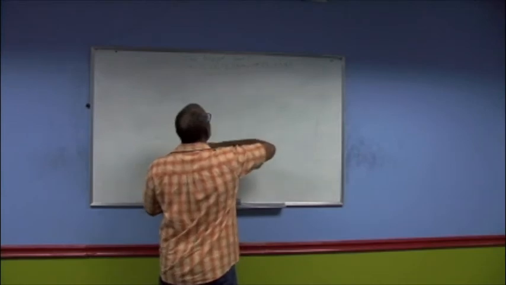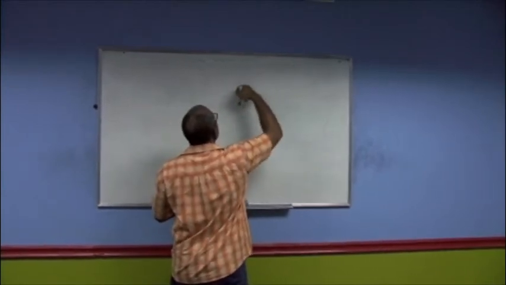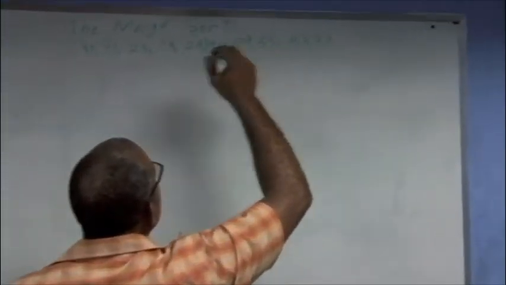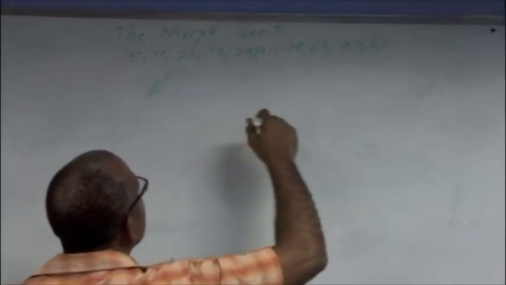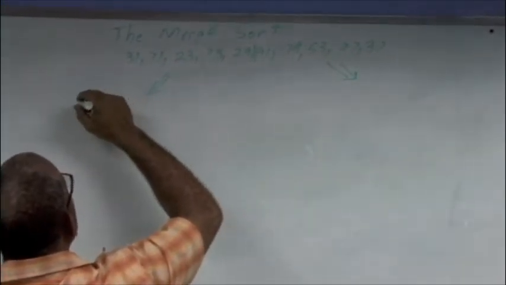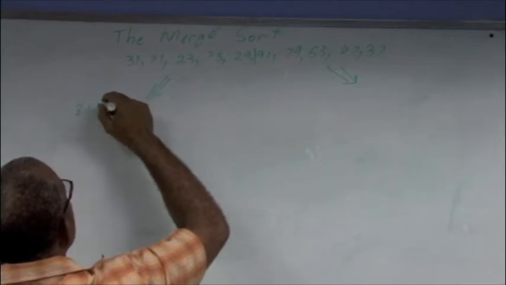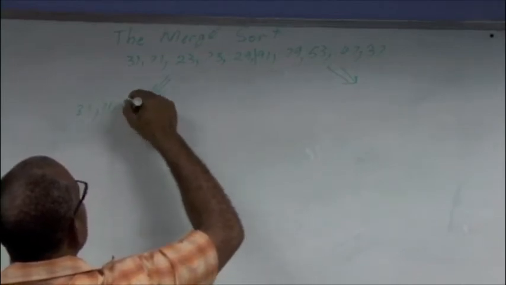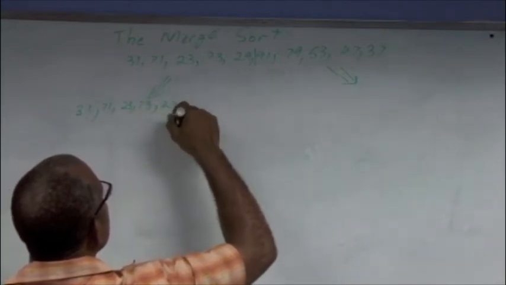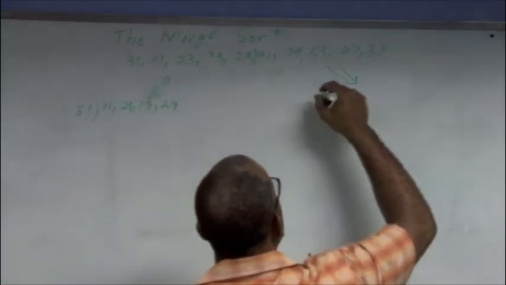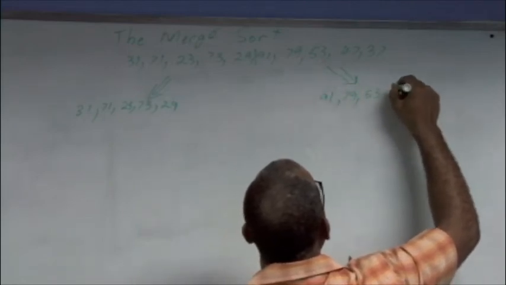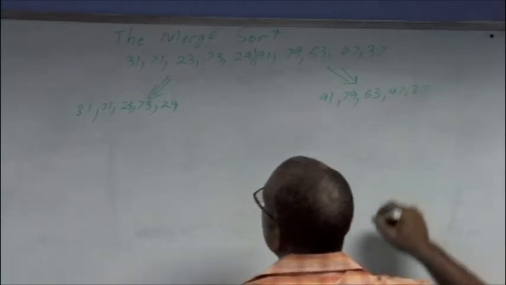So 5 will go into the first set. In the first set we have 31, 71, 23, 73, 29. Second set we have 91, 79, 53, 47, 37.